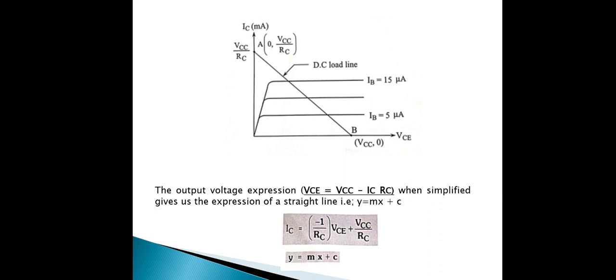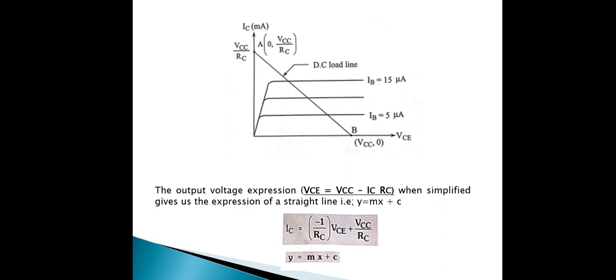In the previous video, I was talking about faithful amplification. In order to get faithful amplification, a stable operating point should be chosen. If you want to choose an operating point, initially you have to know the DC load line. After tracing the DC load line only, you can mark the operating point on the transistor characteristics.